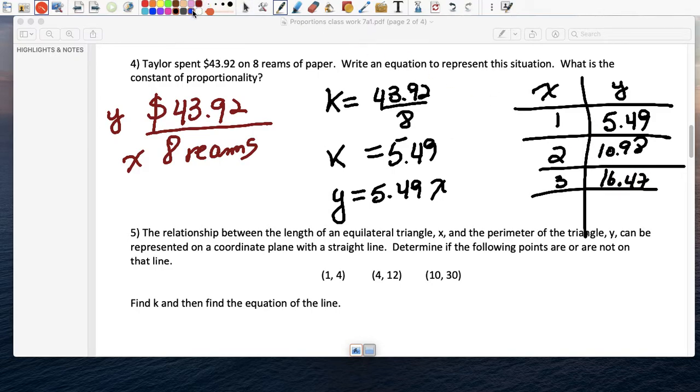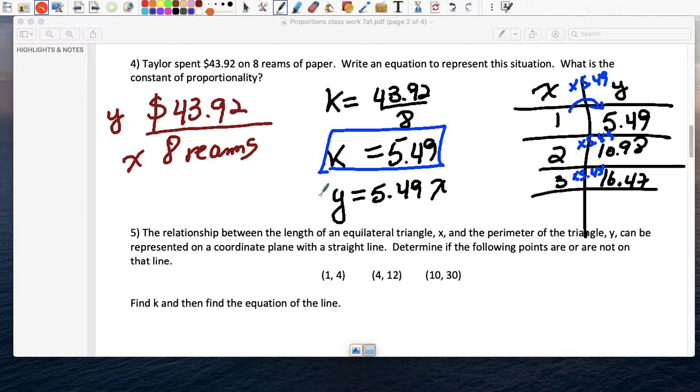So if you look at here, how does 1 become 5.49? Times 5.49. How does a 2 become 10.98? Times 5.49. How does a 3 become 16.47? Times 5.49. So that's our constant of proportionality right there. Okay.